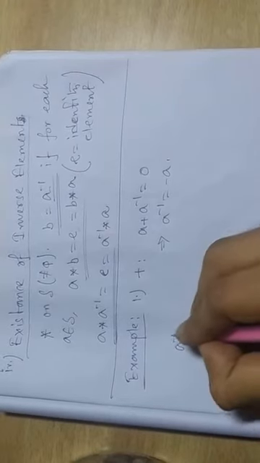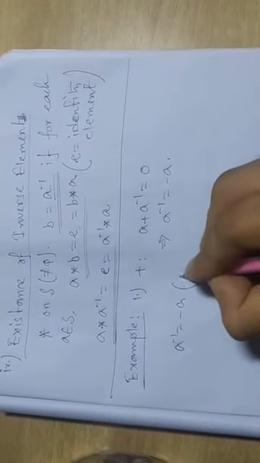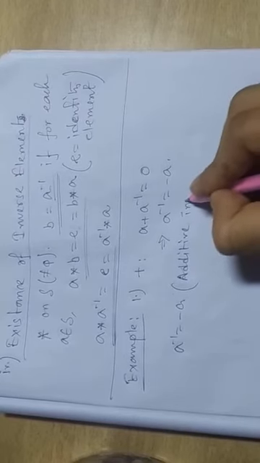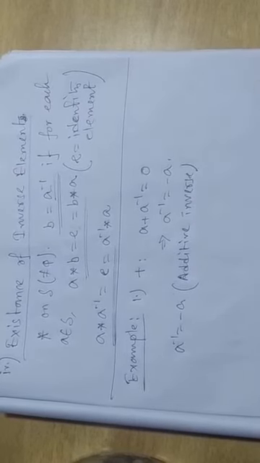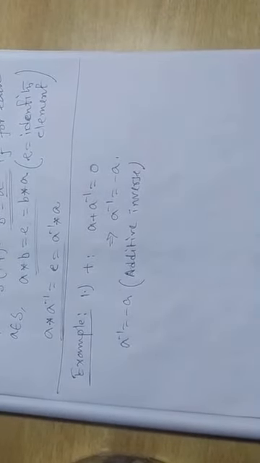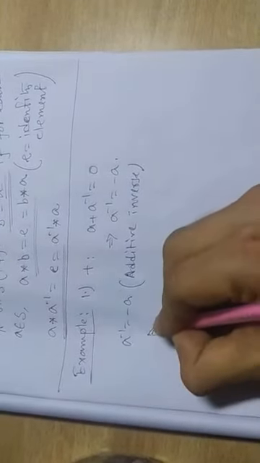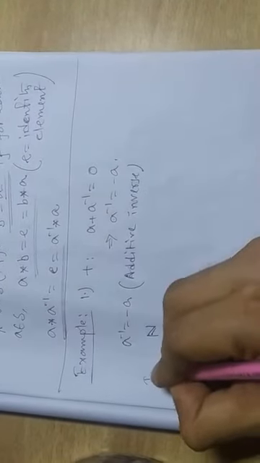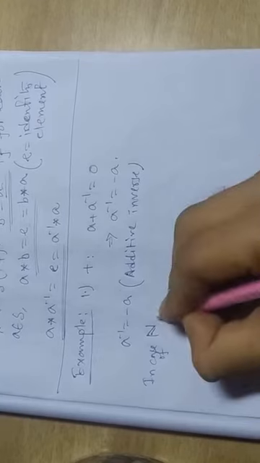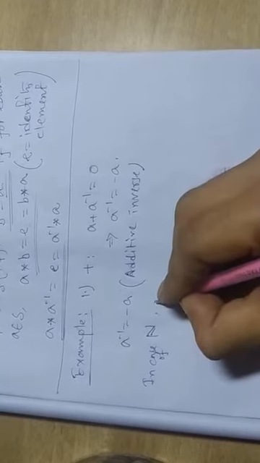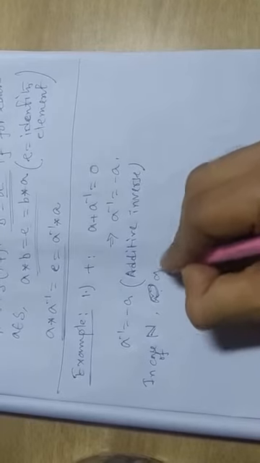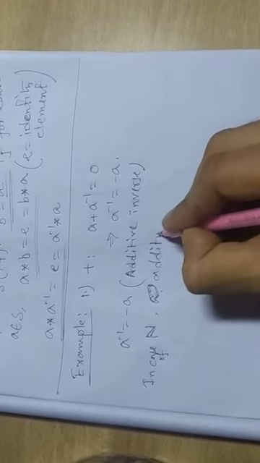So A inverse equal to minus A is called the additive inverse. Again you can see that in case of natural numbers, the additive inverse does not exist.